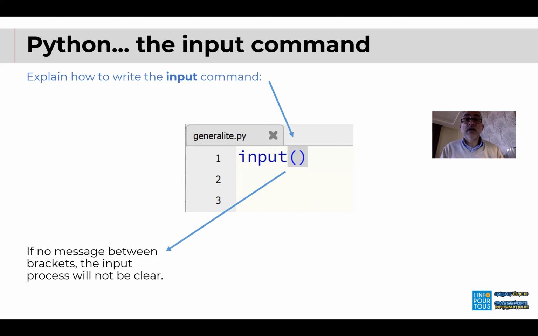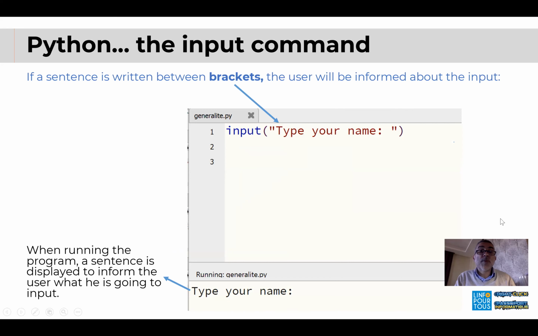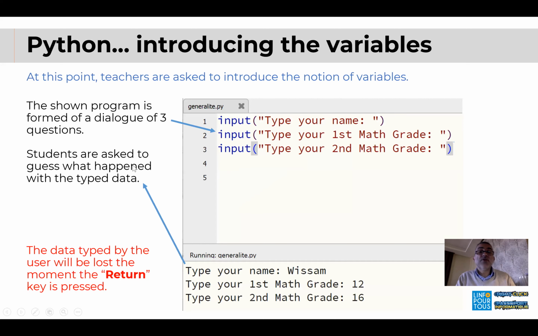That's why we are here to tell the students that it's impossible to write the input without explaining what the user is asked to input. So the input command should always be given with a phrase or a sentence to explain what the user should type as an input.